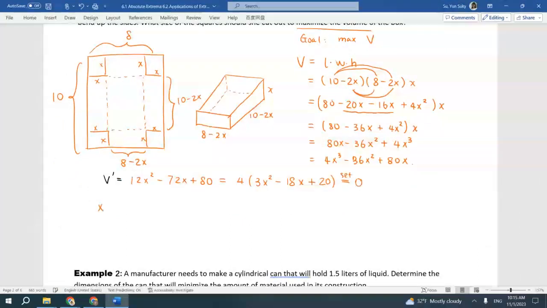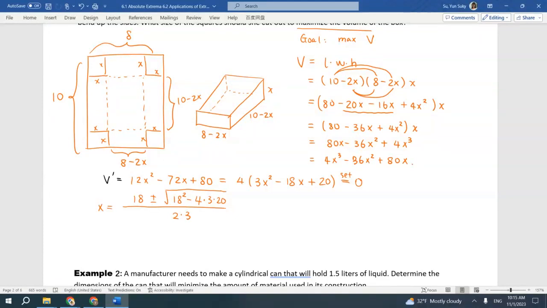So what's the quadratic formula? Minus b, and b is negative 18, so it becomes positive 18, plus or minus the square root of b squared, 18 squared, minus 4a, what is a? 3. c, what's c? 20, all over 2a, a is 3.